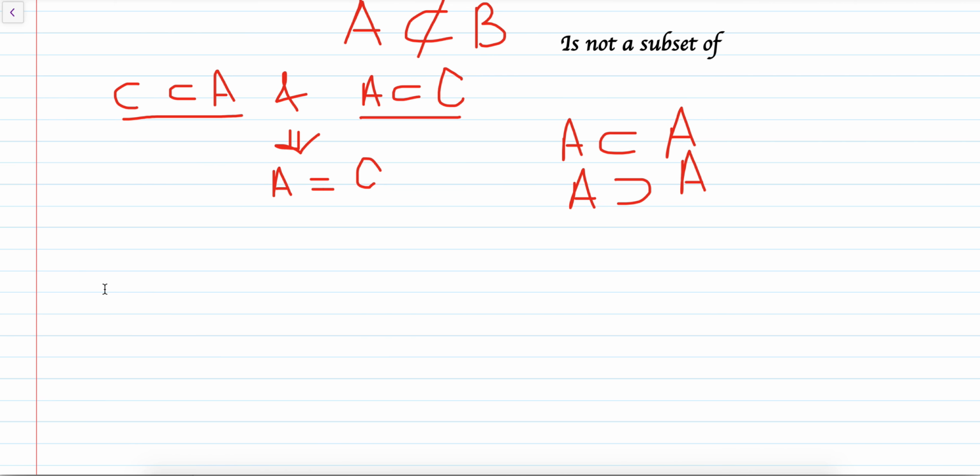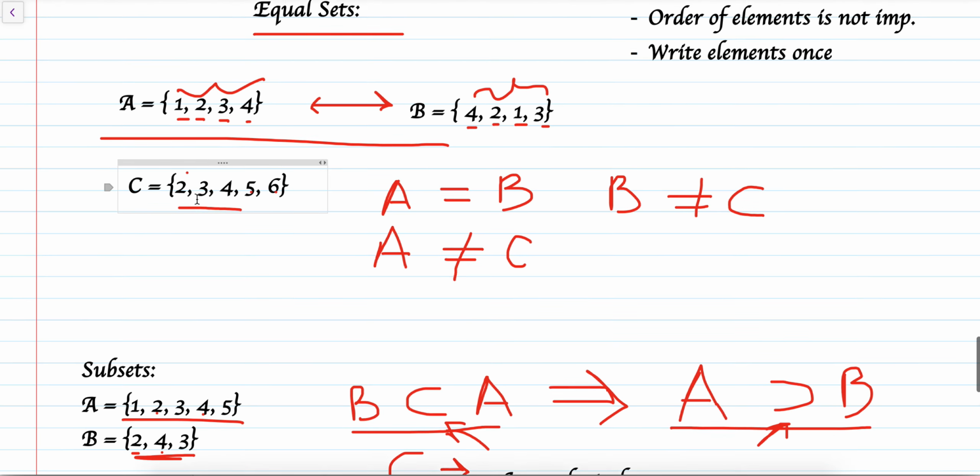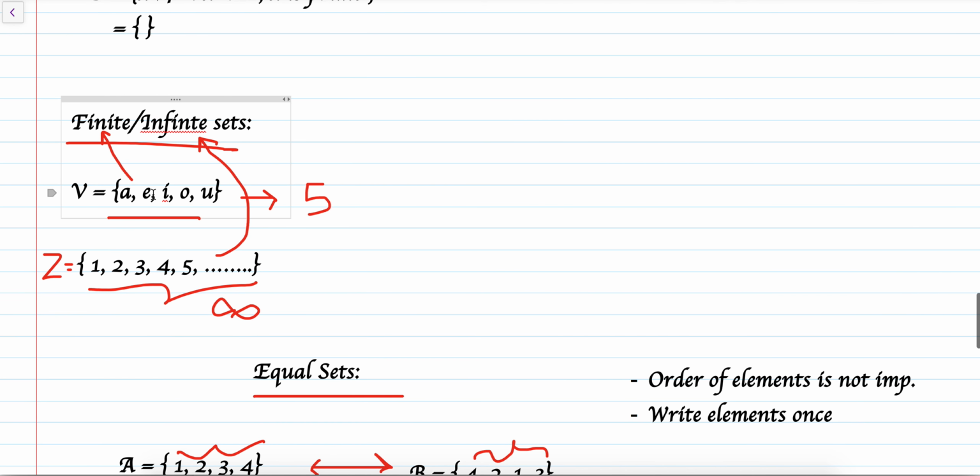So now we will look into another term called power sets. So what are power sets? Till now we have been looking into single sets. So A is a set of 1, 2, 3, 4, 5, B is a set of this, V is a set of all the vowels.